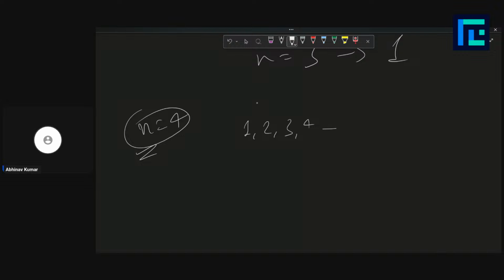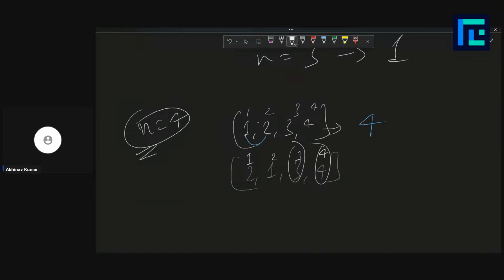What other permutations can you return? Other permutations you can make by swapping any two elements. So if you swap these two, you would get 2, 1, 3, 4. Now for all the cyclic shifts of this permutation, if you compute the maximum among them, here you would have 1, 2, 3, 4. So these two are same, so you get a value of 2 from here. If you take cyclic shifts of these, then 1, 3, 4, 2.